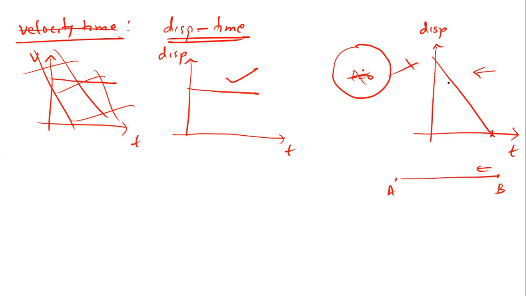So look at this y-intercept here. This is your displacement at t equal to 0, which means when you're about to start your timer, this is the distance of the particle. The particle was at a distance equal to this y-intercept. Am I right? Yes. And when the particle started moving, the displacement started decreasing.